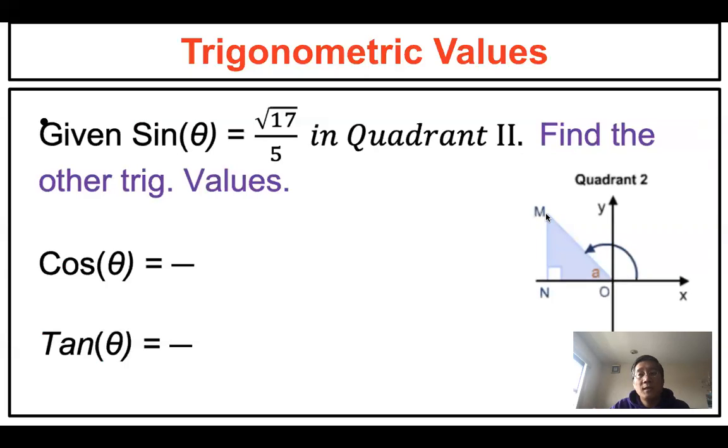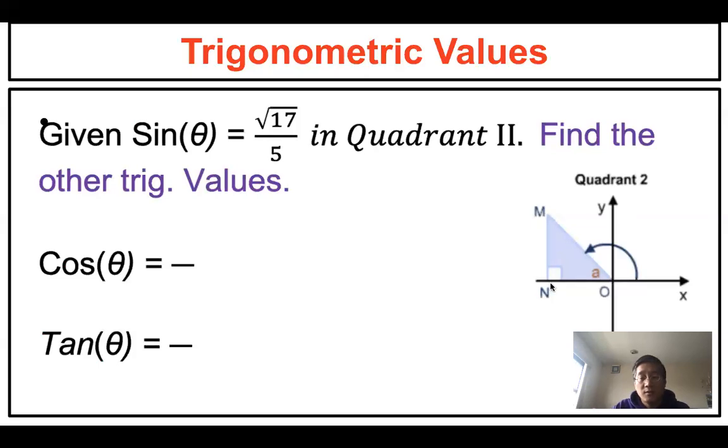We make a right triangle by drawing the vertical line to the x-axis. Can we make a right triangle with a horizontal line? No. In trigonometry, we always draw the vertical line, so the triangle will be like this, not this one.